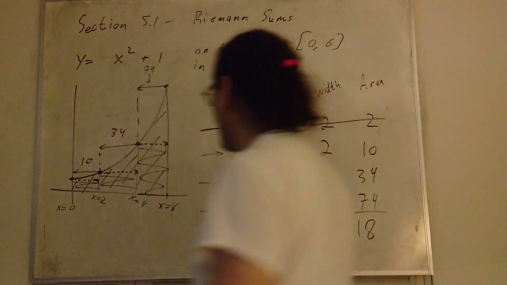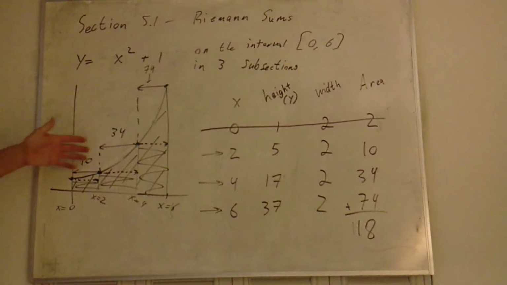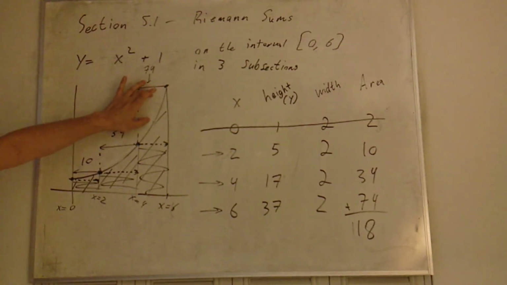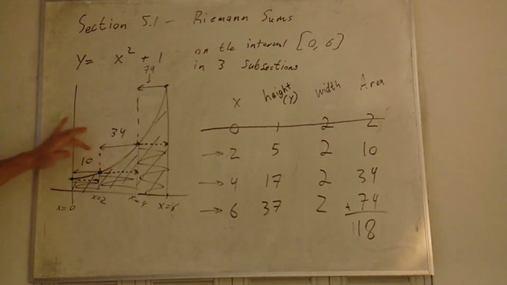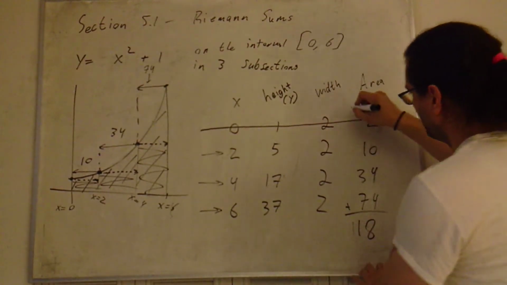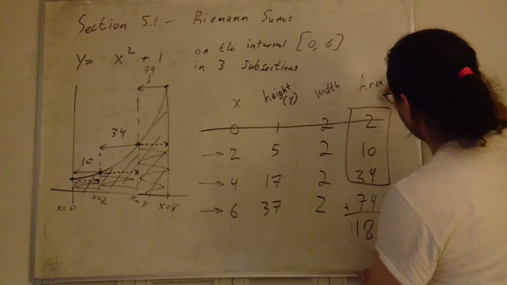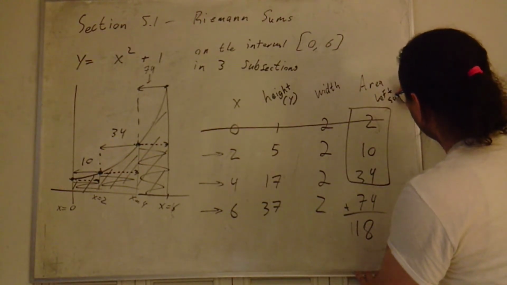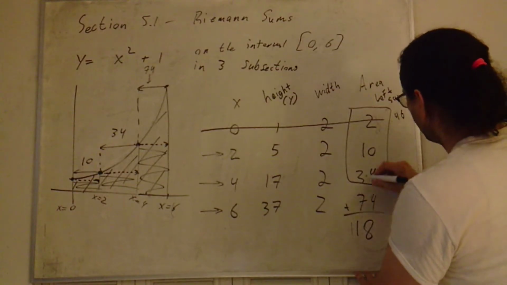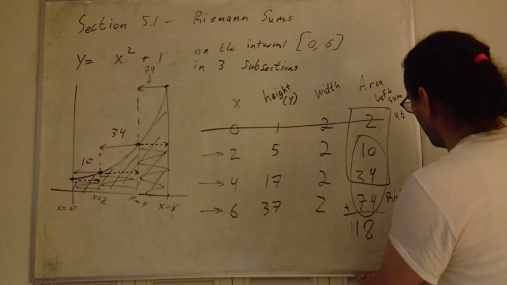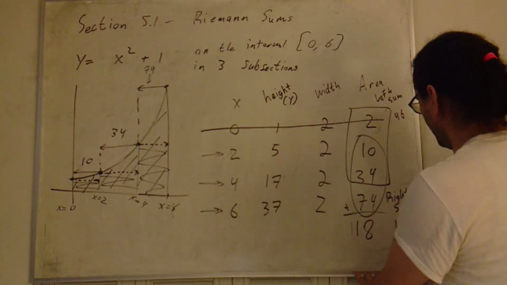So, once again, we can see that 118 is probably a pretty terrible estimate for this, because it's overestimating this by a lot, and it's overestimating this by a lot, and it's overestimating this by a lot. But we know for sure that these 3 are the left sum, and that was 46, and these 3 are the right sum, and that was 118.